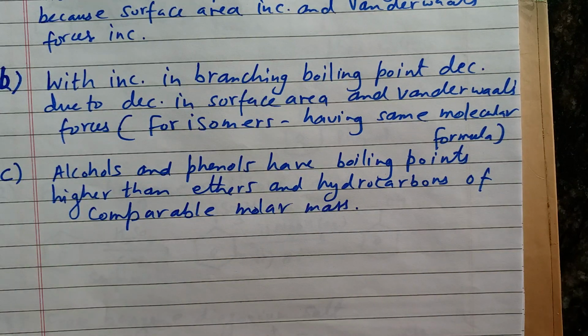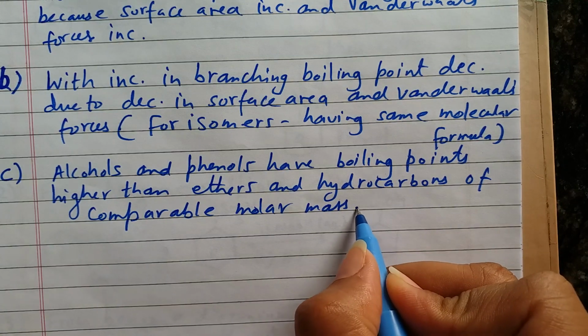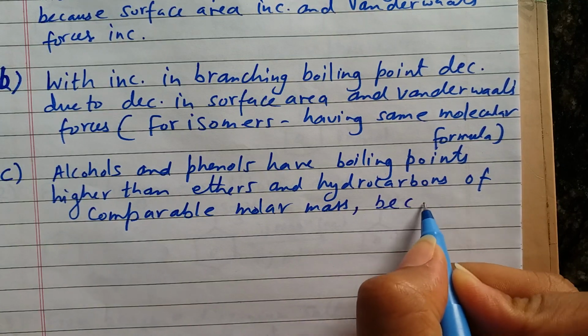So alcohols and phenols have boiling points which are higher than ethers and hydrocarbons of comparable molar masses. And this is, you can say, I'm writing the reason, then I'll explain.